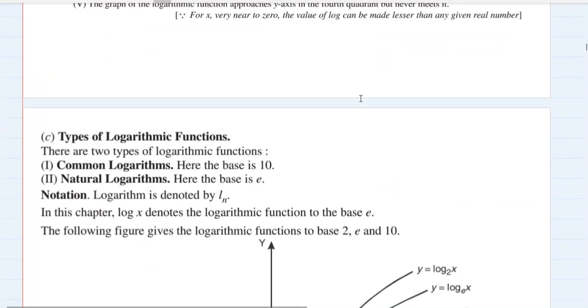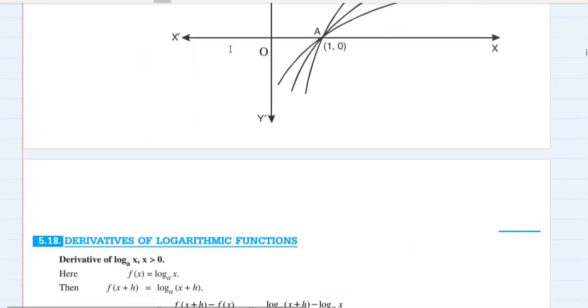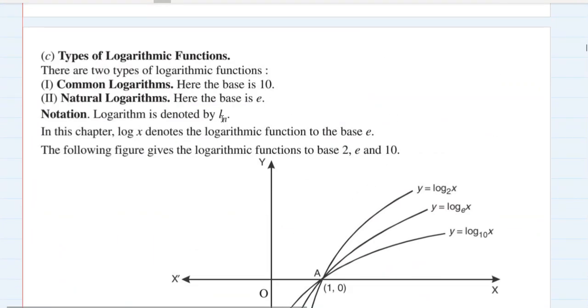So these are the graphs of logarithmic functions. There are two types of logarithmic functions: common logarithms with base 10 and natural logarithms with base e. Natural logarithms are denoted by ln, or L and subscript n. It's the same thing, natural logs.